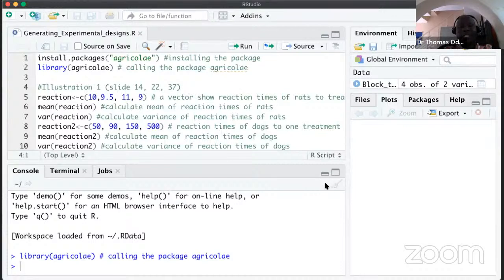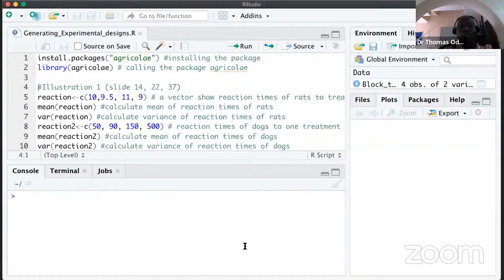If it is running, it tells you the program is still running. You can also see here there is a small brush for cleaning the console. Those who are looking for how to clean the console, you can use this small brush. If, for example, I click on this, it cleans my console. So I have a clean start here.